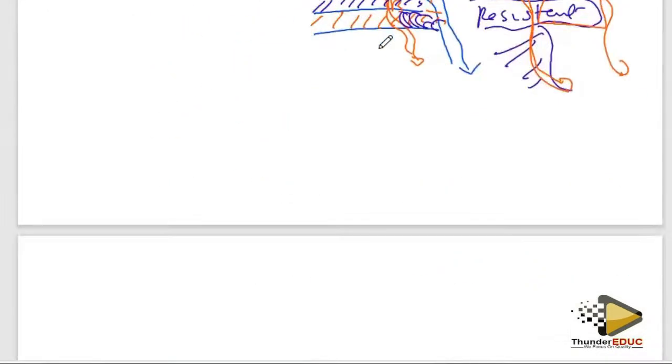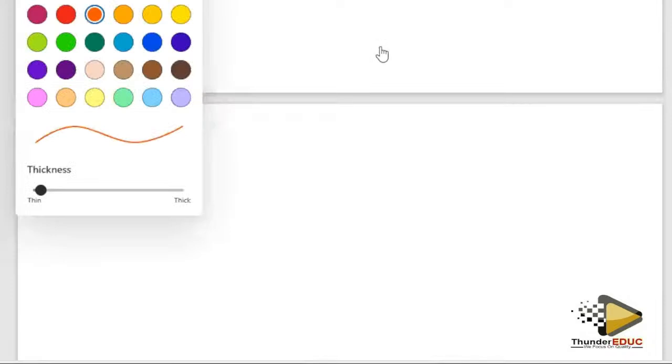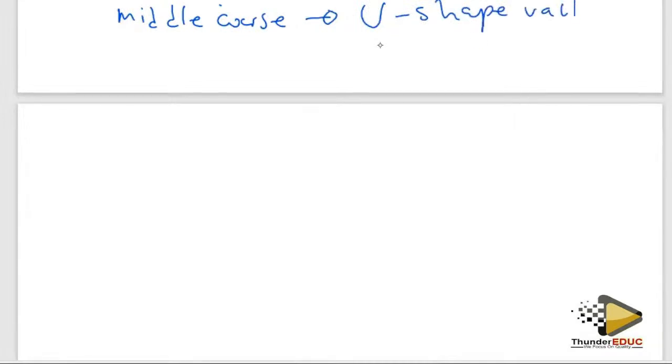For the middle course, I would say it has a U shape valley.